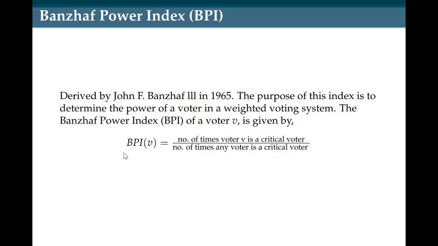So again, the BPI of voter V is equal to the number of times voter V is a critical voter divided by the number of times any voter is a critical voter, and that is equal to 12.